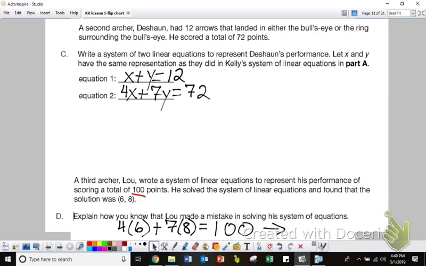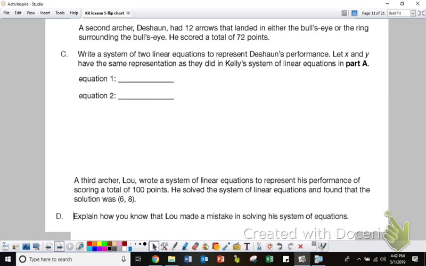So this is going to turn into 24 plus 56 equals 100. We should be able to clearly see that 24 plus 56 is not 100. It's only 80. And 80 does not equal 100. So I'm fine with just having that as my explanation. So we're good there.